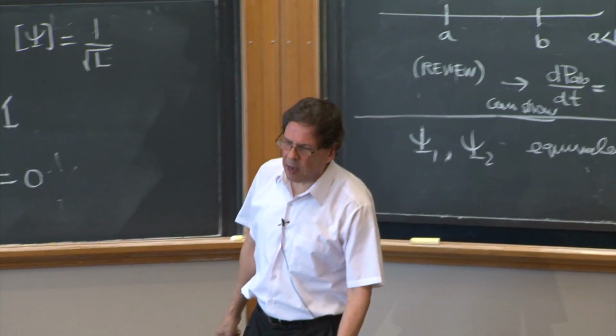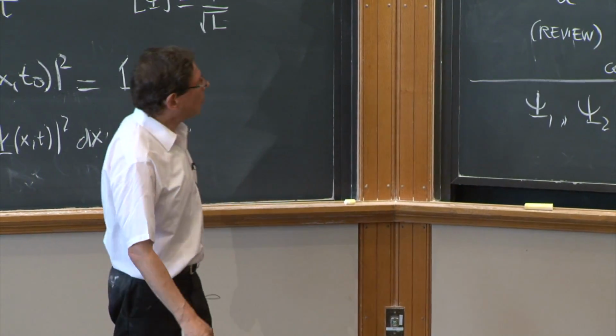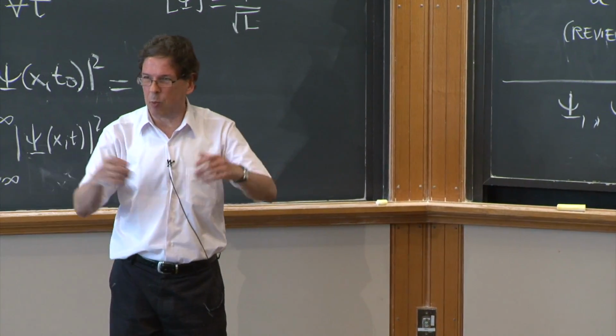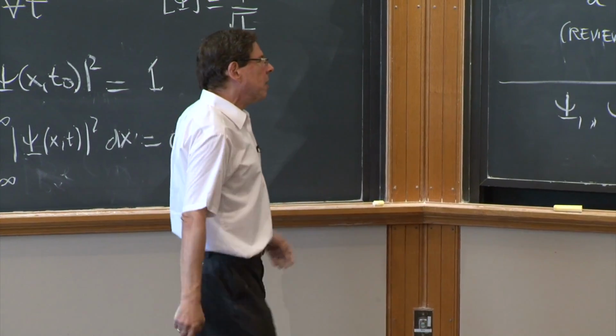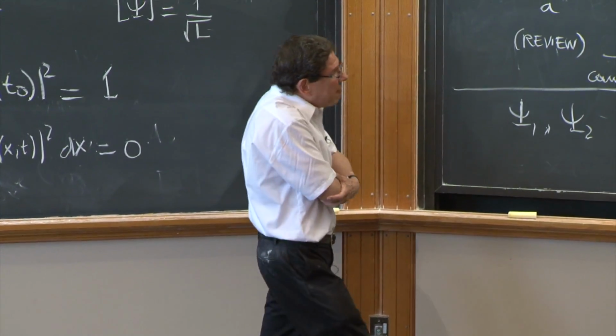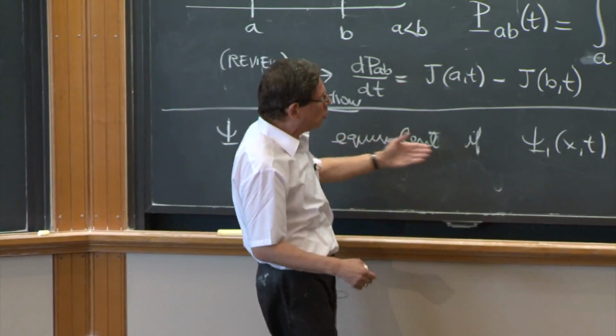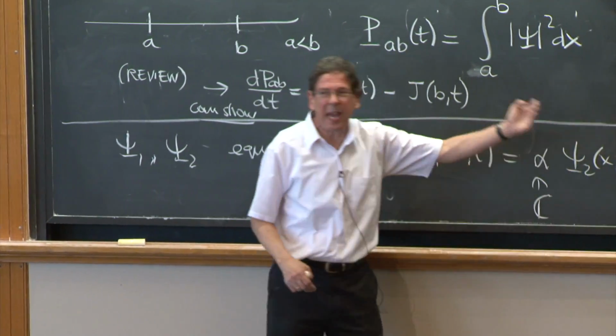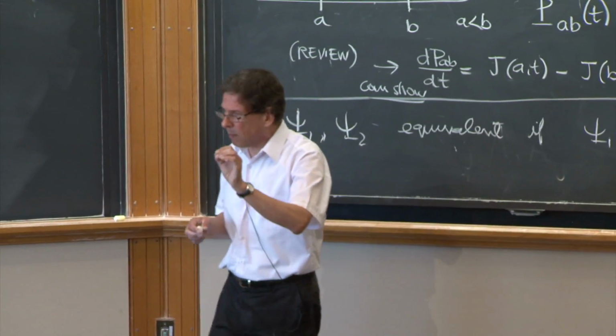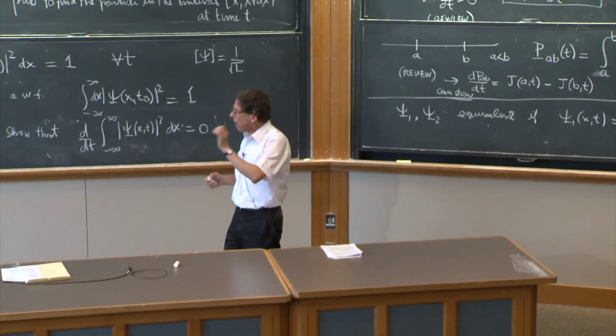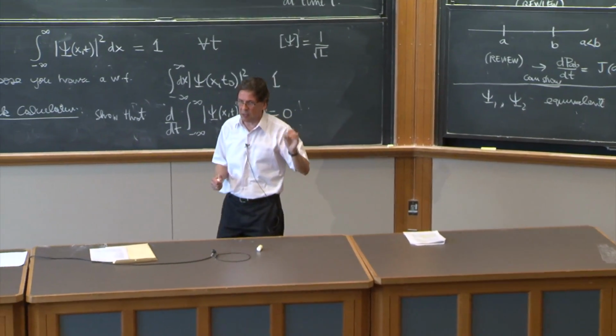Now you would say, well, I don't like that. I like normalized wave functions, and you could have a point there. But even if these are normalized, the two wave functions could differ by a phase, and they would still be physically equivalent. This is part of the definition of the theory.